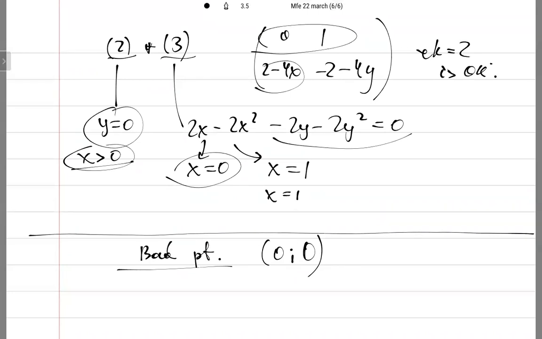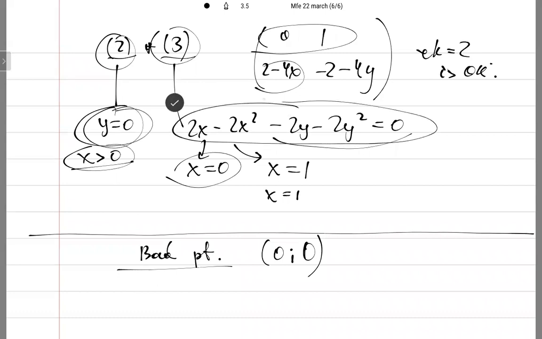Are you speaking, Alexander? What about this point? Are you considering which active inequalities? So if 2 and 3 are active, then they are active.